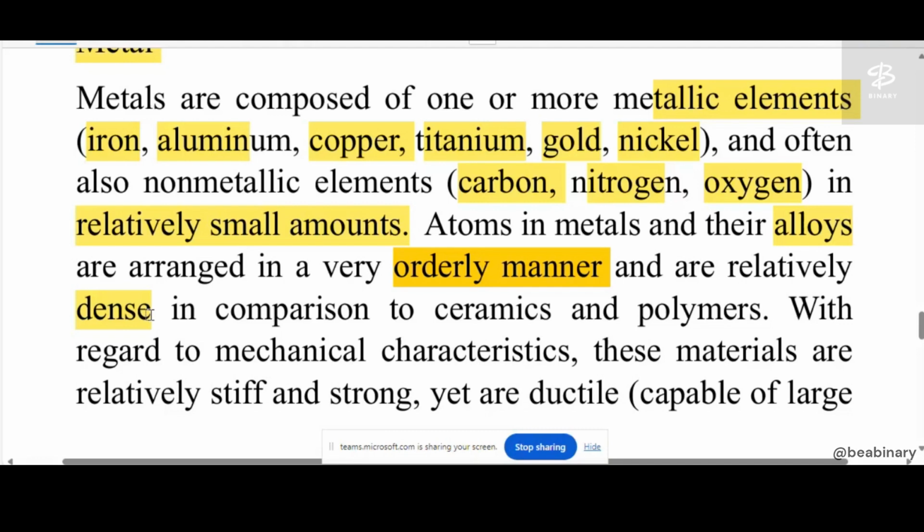Suppose you have taken a container like this, and here you have put something, and this is your boundary.